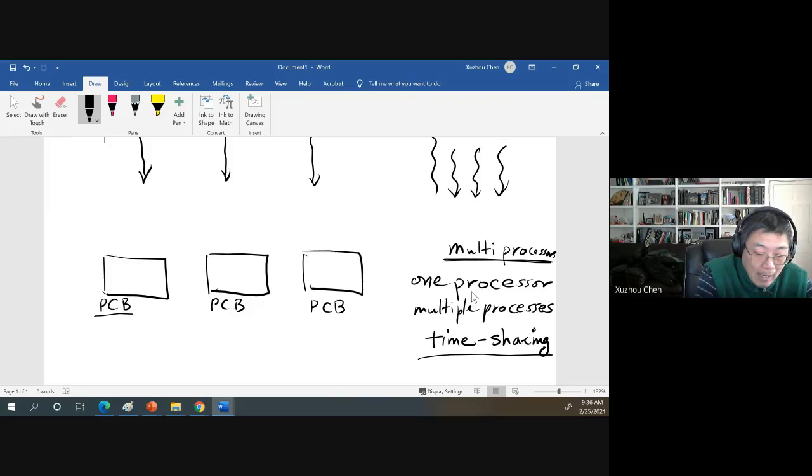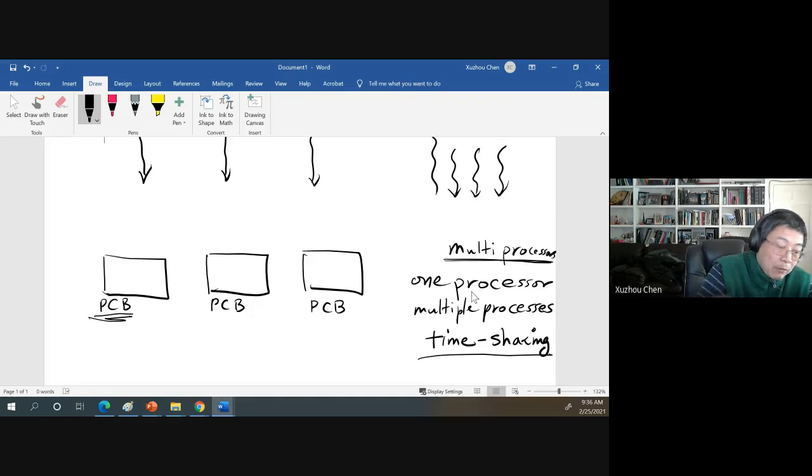Every time the CPU decides to switch from this process to another process, the CPU needs to save all the information in the CPU registers, including the instruction registers and all the other registers, and store the data into the PCB.